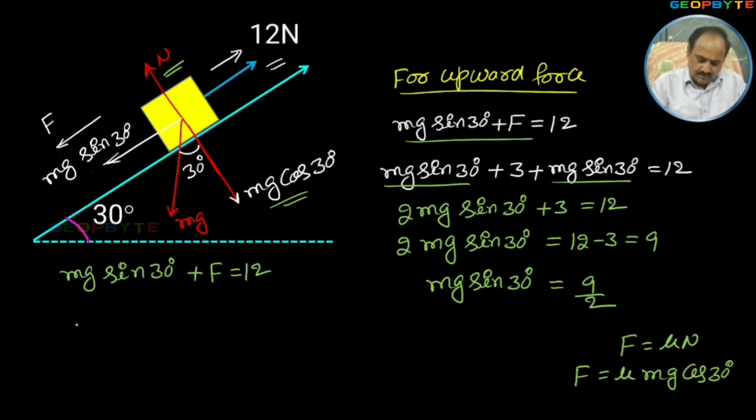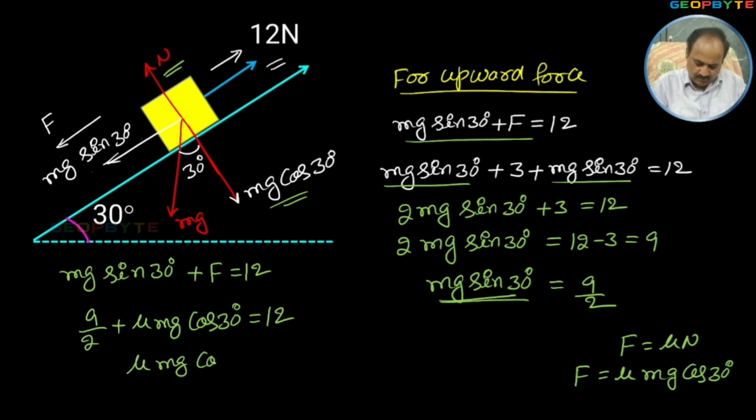So mg sin 30, this mg sin 30 already got it, 9 by 2 plus f equal to what? Mu mg cos 30 is equal to 12. From this, mu mg cos 30 equal to 12 minus 9 by 2.